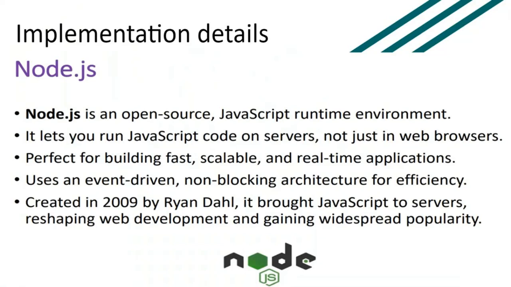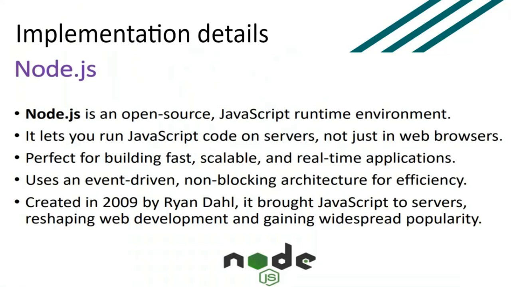It is basically a JavaScript environment where we can run our program so that we can connect and interact with the server. Whenever we open a website, it goes to the server and gets the link to us. So Node.js will help us build fast, scalable, and real-time applications in full stack.